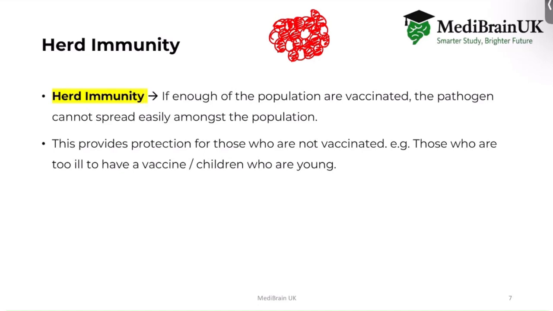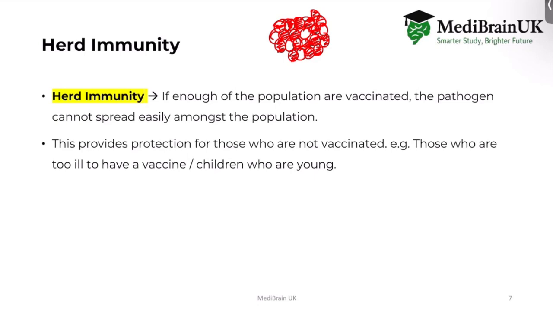Okay, and other examples are those who are too ill to have a vaccine, and children who are young might not be suitable for having a vaccine. Okay, so that's the concept of herd immunity.